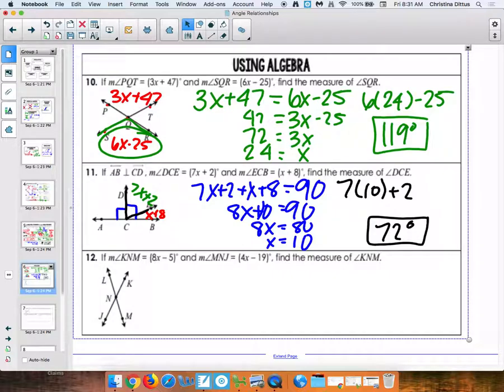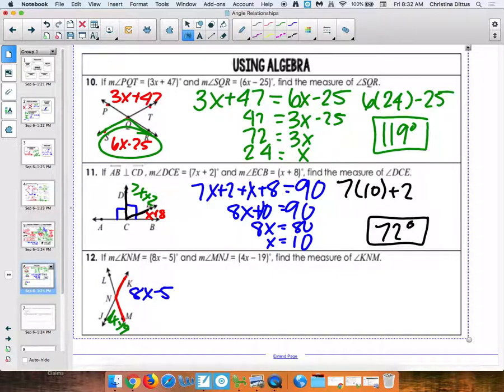Alright, 12 says K and M is 8x minus 5. And M and J down here is 4x minus 19. I need to find K and M. All of that.